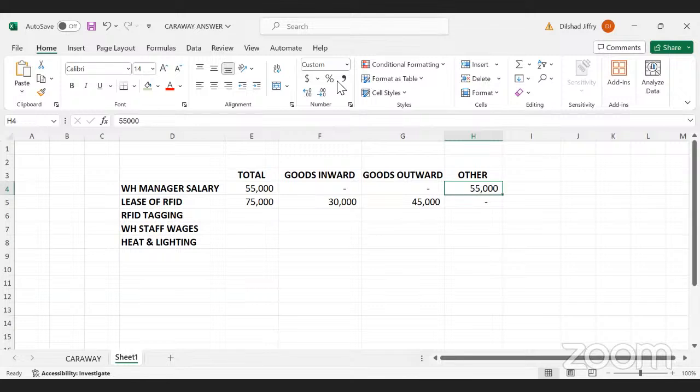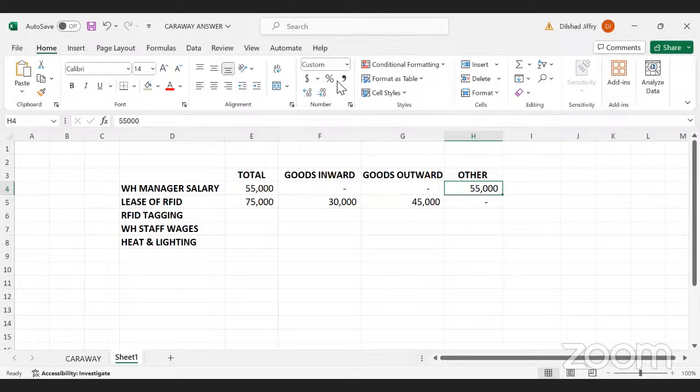RFID tagging. 100,000 divided by each member can tag 35,000 items per month, right?